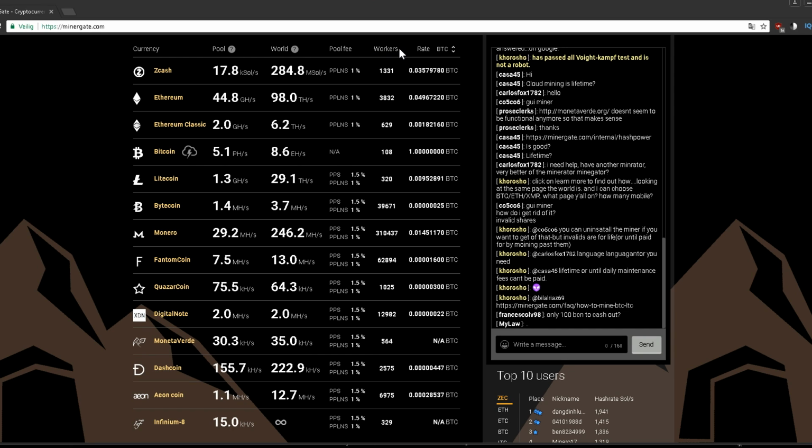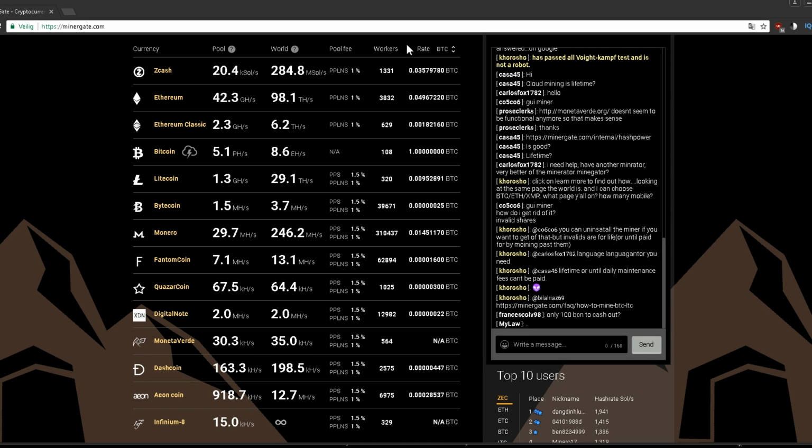Here you can see workers. Workers is basically not how many people are mining, but how many PCs are mining, and not really how many mining instances are mining. So for instance, let me make an example. You have two computers with one CPU and one GPU each.